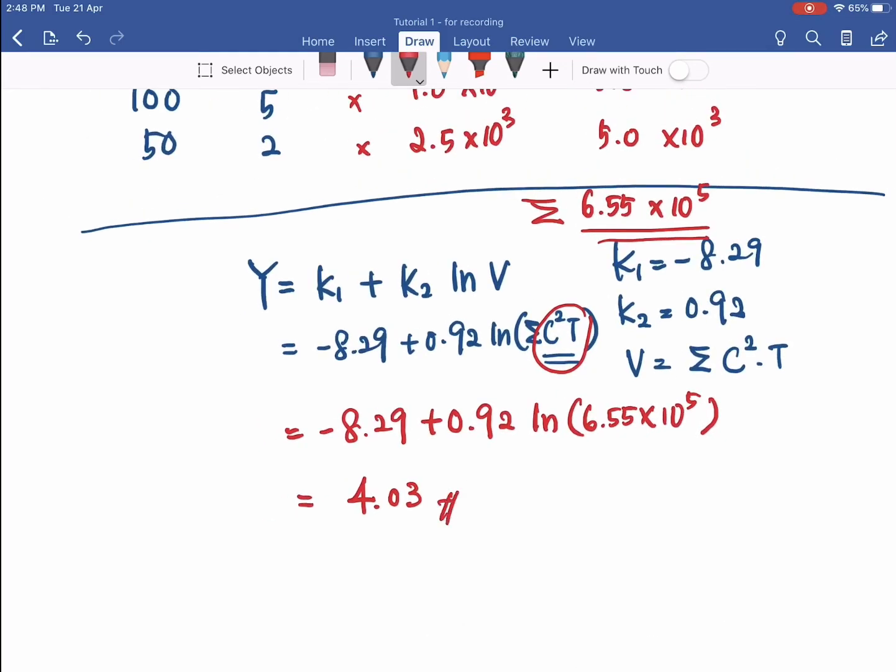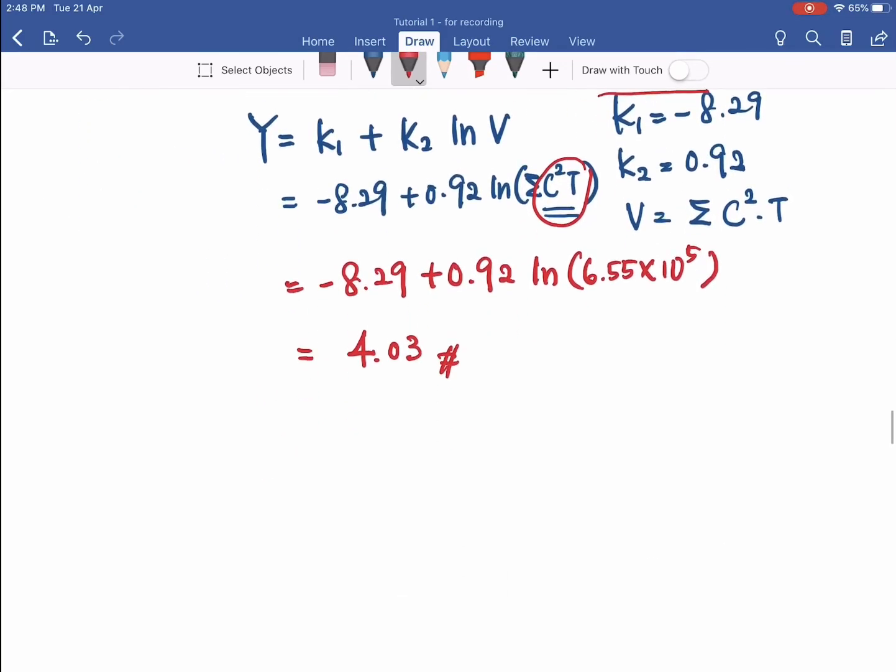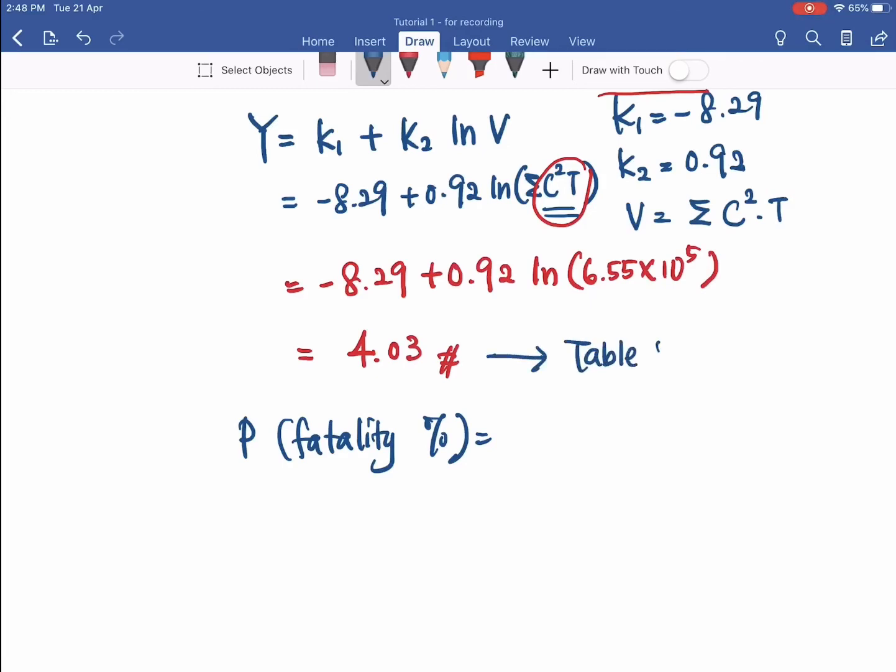Now we want to find the potential fatality rate, P, or the fatality percentage. For this we have to refer back to Table 2.4, looking for the value 4.03.